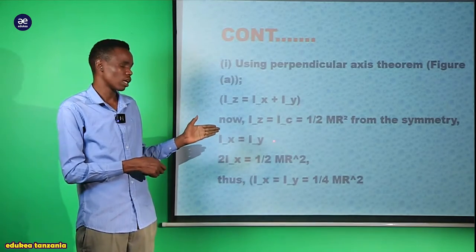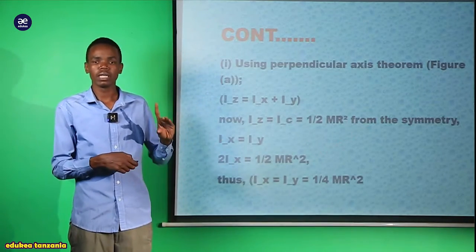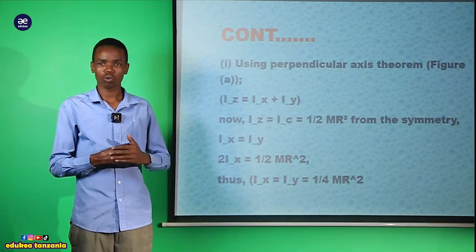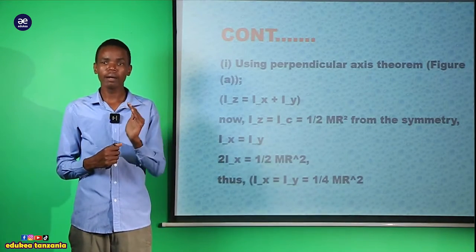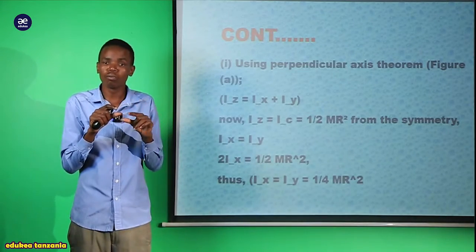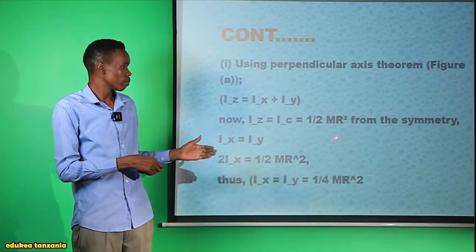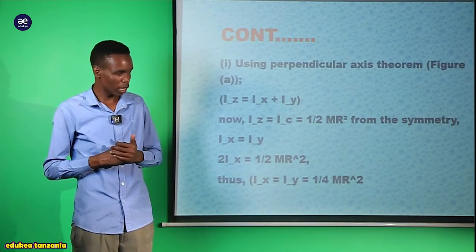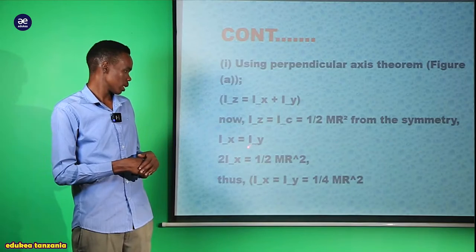So we substitute: Iz must be equal to Ic, which is equal to half mr square, where m represents the mass of the uniform circular disk, while r represents the radius of the uniform circular disk, from the symmetry.